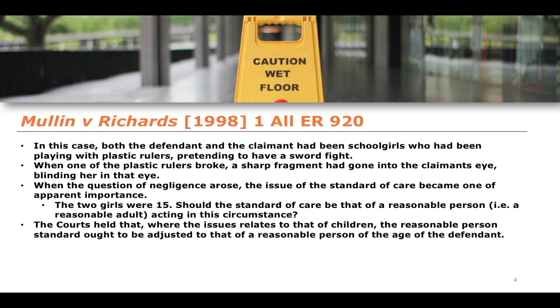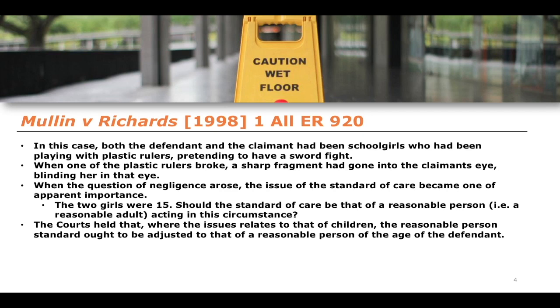The courts held that, where it came to issues relating to children, the reasonable person standard ought to be adjusted to account for the fact that these people are younger than 18, and they are not adults yet. And so as a result, the reasonable person is the reasonable person of the age of the defendant. So the reasonable person is a reasonable 15-year-old rather than a reasonable 25-year-old or reasonable adult.